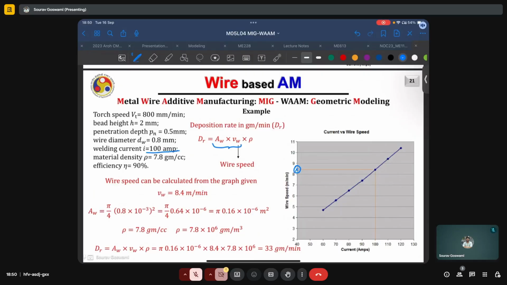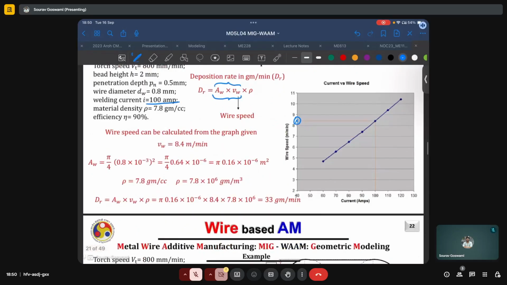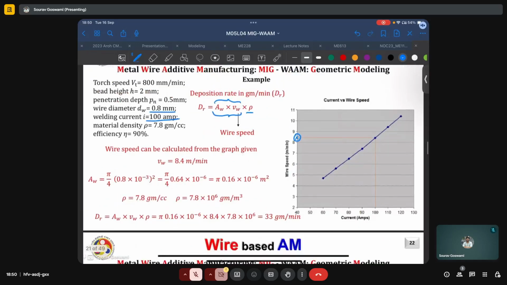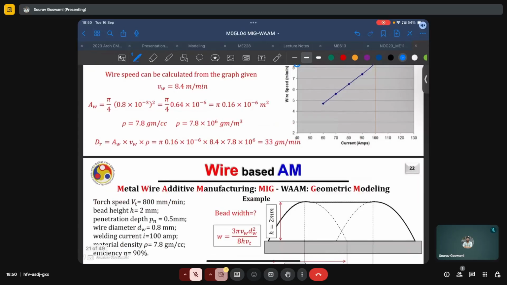This first quantity gives us the volume flow rate, and multiplied by the density gives us the mass flow rate. The cross-sectional area of the wire is already known because we know the diameter, which is 0.8 mm. The density is also known. The wire feed speed is also known from this working curve. So we already know the deposition rate. The first part is done. Comes out to be 33 grams per minute.